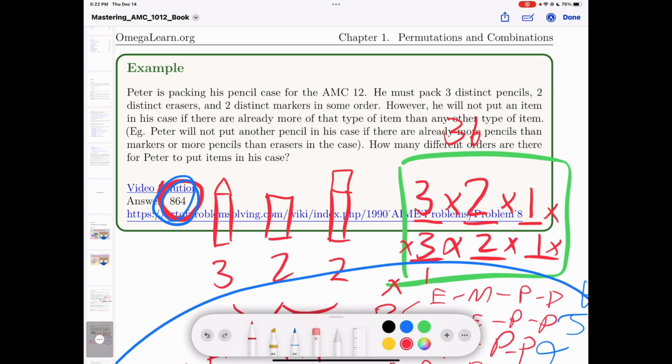Let me see if 36 is a multiple or like divisible into 864. Oh, it is. So 864 divided by 36, it's 24. For some reason, there are 24 other things that I'm missing. I do not see how there's 24 other branches.